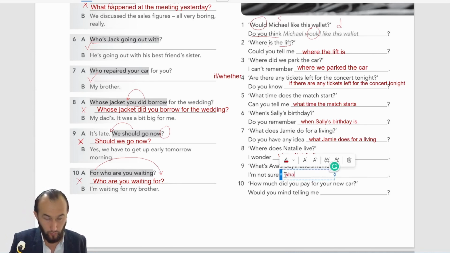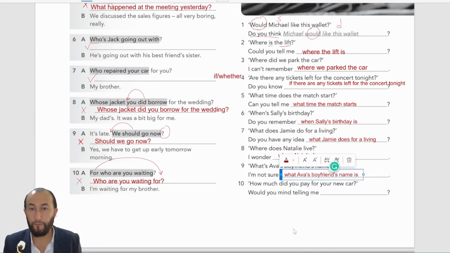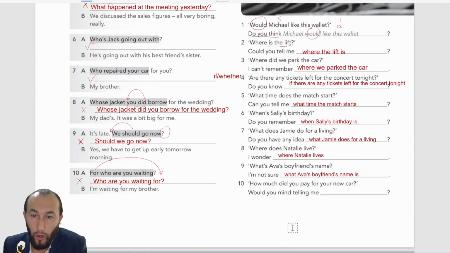We keep the question word all the time. So, what Ava's boyfriend's name is. I'm not sure what Ava's boyfriend's name is. So basically, we're putting this is right at the end of the sentence when we do the indirect question, guys.